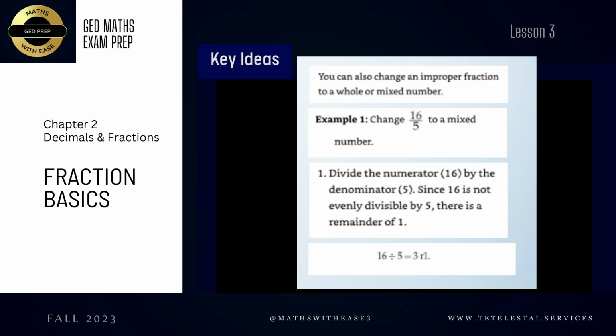You pretty much just want to start by dividing 5, your denominator, into your numerator. So how many times does 5 go into 16? 3, because 3 times 5 is 15. So you write down your 3, and what's 16 minus 15? 1, and that's your remainder. So our answer here is 3, remainder 1.